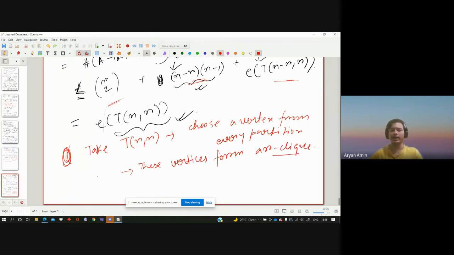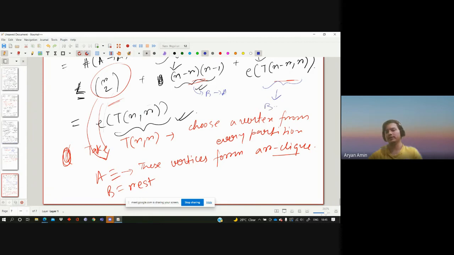So let A equal this, and let B denote the rest of the Turan graph. It's similar, because this term denotes the A to A edges, this denotes the B to A edges as defined here, and this again denotes the B to B edges.